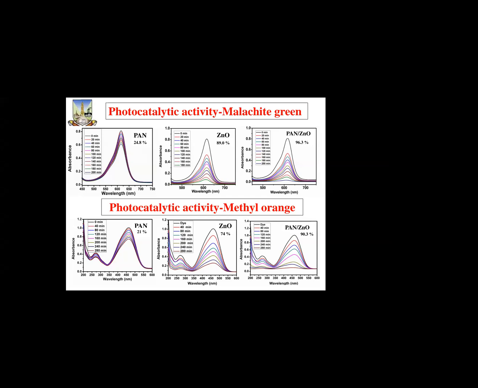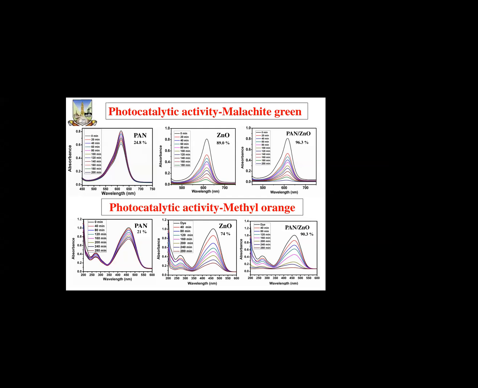Okay. So in the photocatalytic activity, we have used malachite green. We have used PAN zinc oxide. If we look at only PAN, there is a 24.8% degradation.